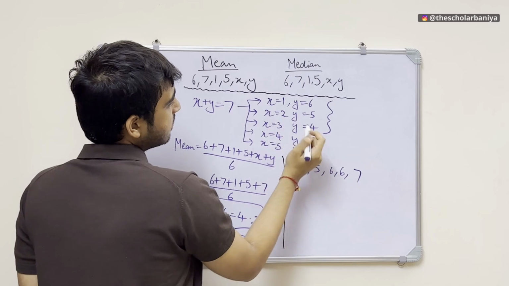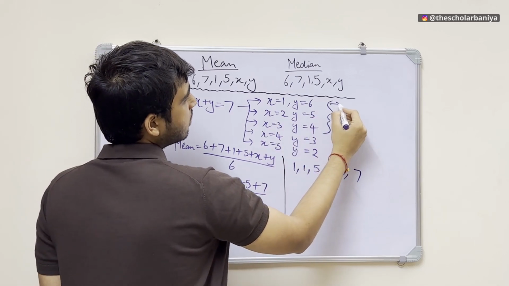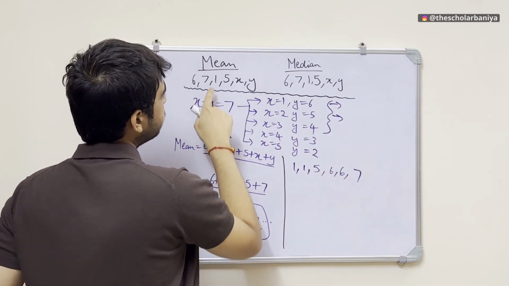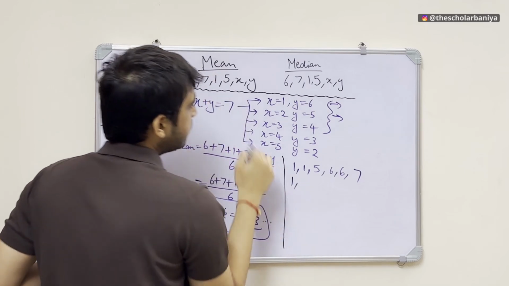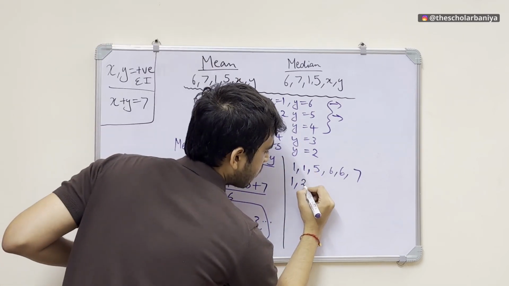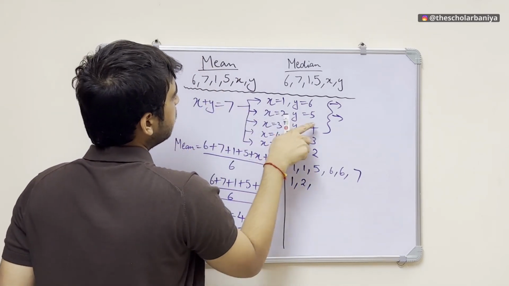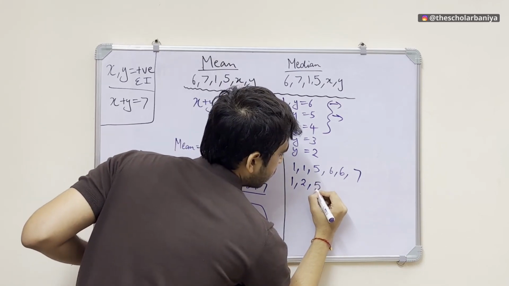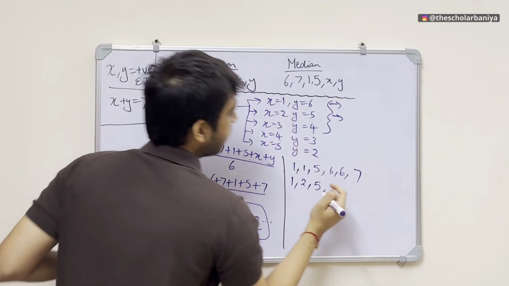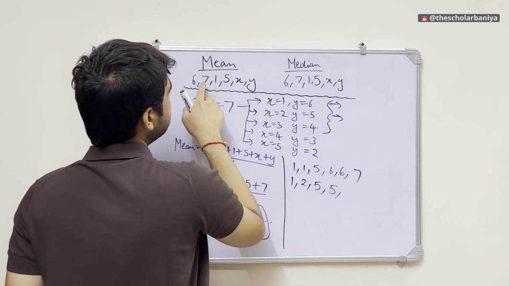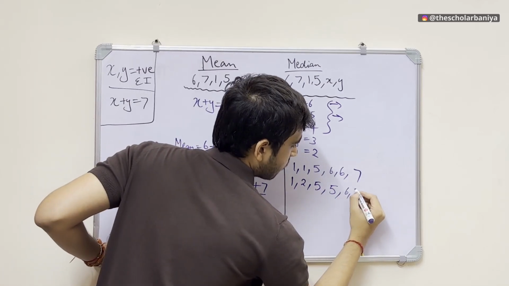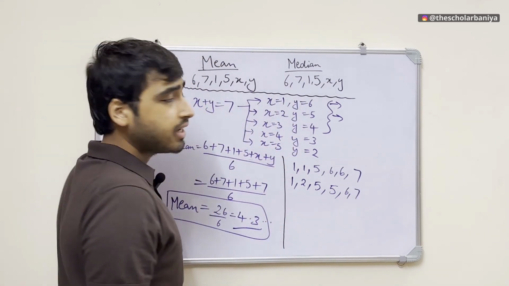Similarly, we took this one. Now let's take this one. In this one, we have the smallest number 1. Then we have 2, right? Then we have 5, right? We have one more 5, which is y. Then we have 6 and 7, right? I hope this should be clear.